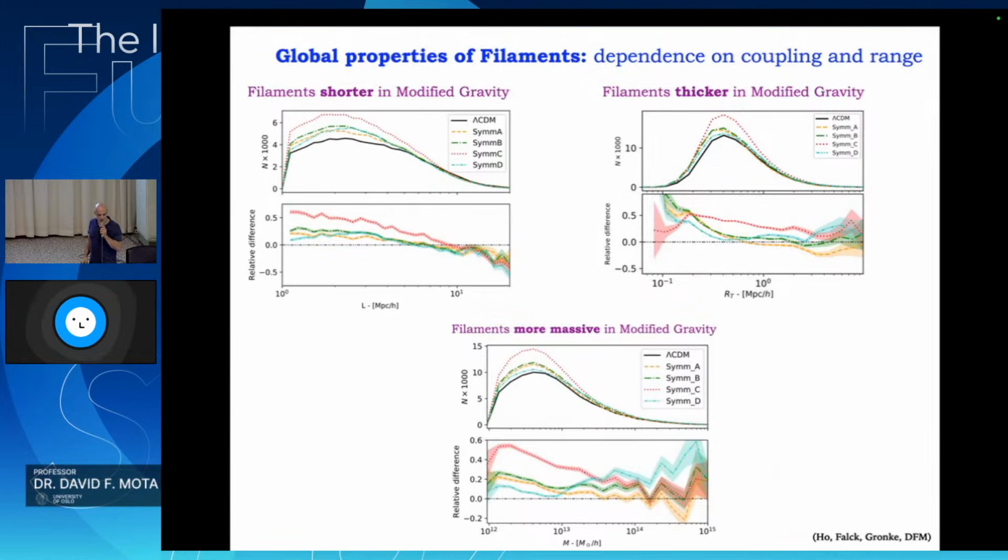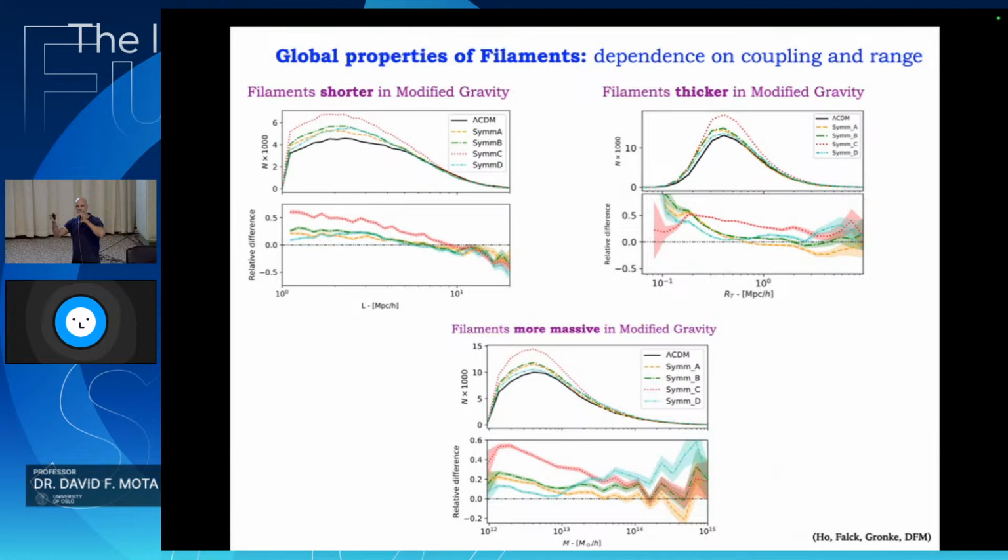And if I look at the number of filaments in the universe, I also find that there are more massive filaments, filaments which have masses of about 10 to the 13, 10 to the 14. Of course, if I go to very massive filaments, then I recover general relativity. And the reason is that when the filament becomes very massive, the fifth force is screened.